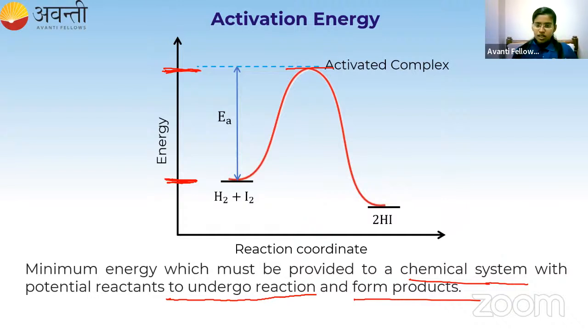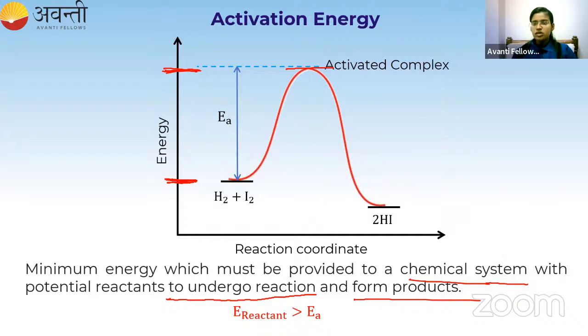The definition is correct, only a little grammatical error is there. So the minimum energy which is provided to the reactant to undergo the reaction is called the activation energy. And here if you see, the energy of the activated complex will be greater than that of the reactant.